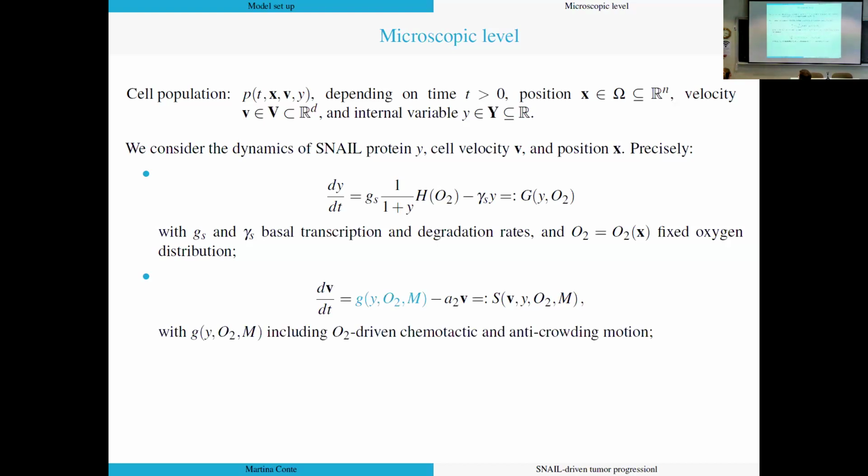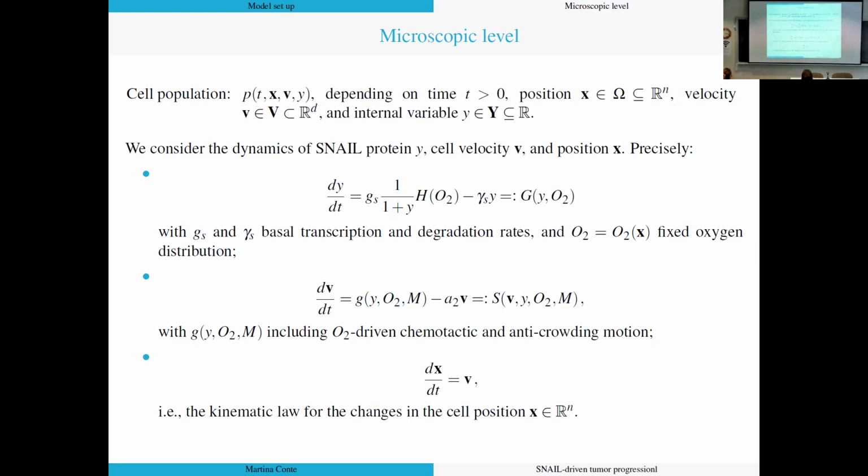As you can see, there is also a dependency on Y in this acceleration, because snail, as we saw before also from the data, tends to increase the motility of the cells, and therefore the velocity at which they move, in this case the acceleration, depends on the level of the protein. And finally, for the position, a simple kinematic law describes the way the cells change their position.